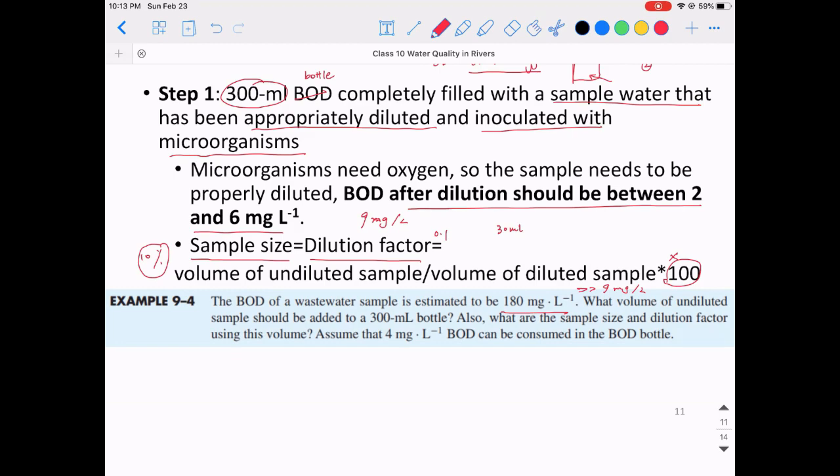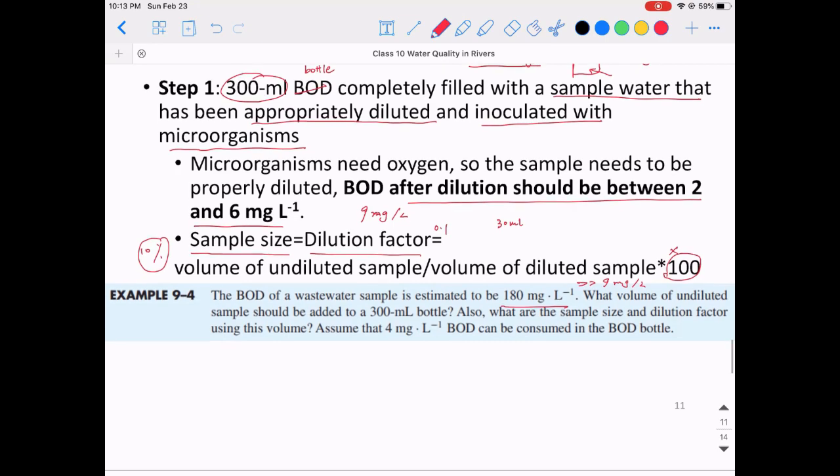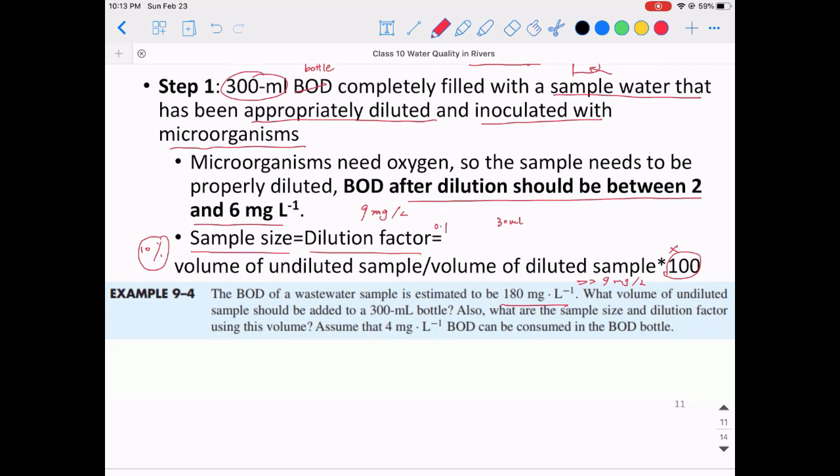Because of that, we have to dilute this sample, otherwise no organism can live in it. The question asks what volume of this undiluted sample should be added into this 300 milliliter bottle, and what are the sample size and dilution factor using this volume. It assumes that the final BOD should be around 4 milligram per liter.